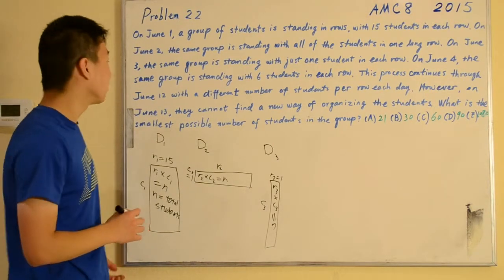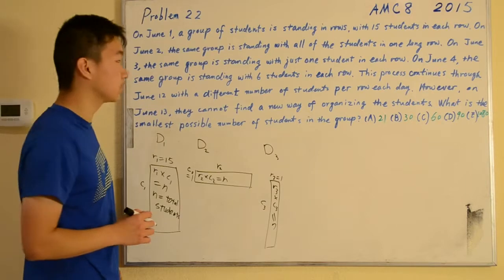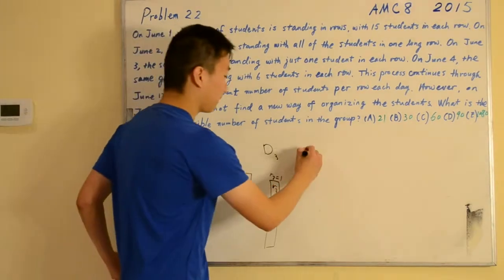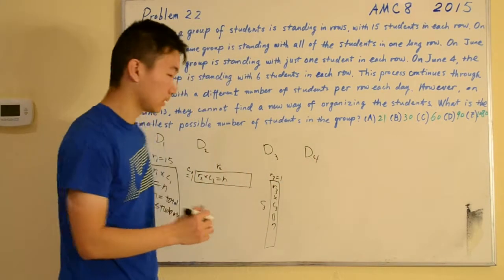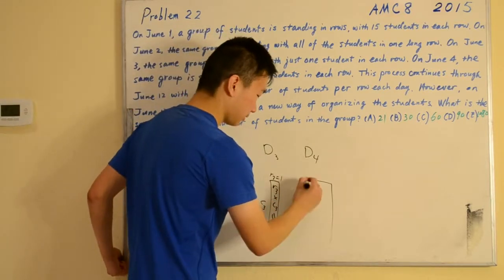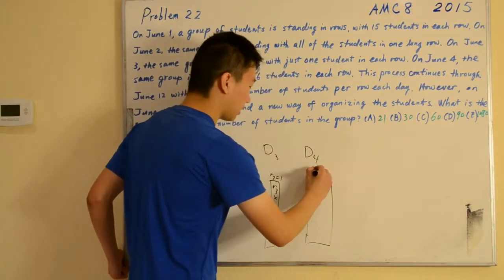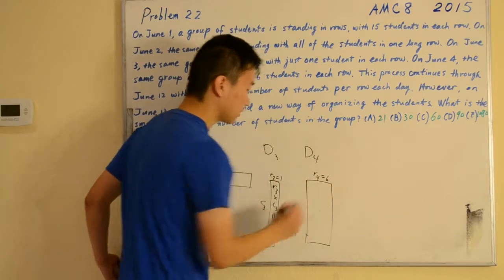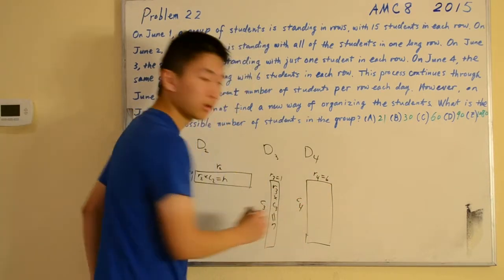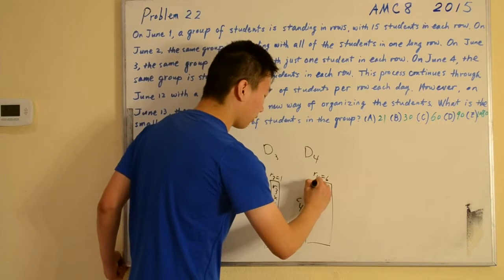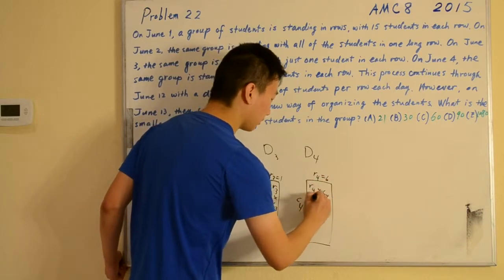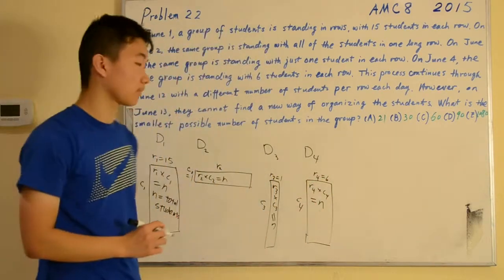On June 4th, the same group is standing with 6 students in each row. So on the 4th day, their formation has R4 equals 6 and some C4. And we know that R4 times C4 equals n.